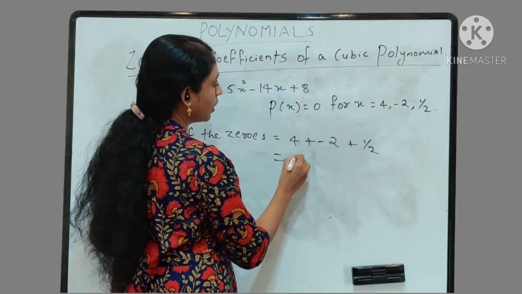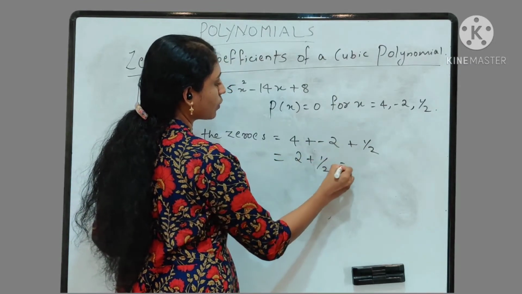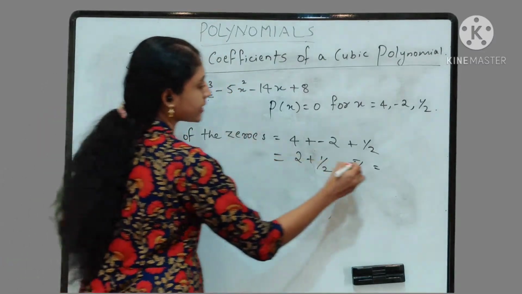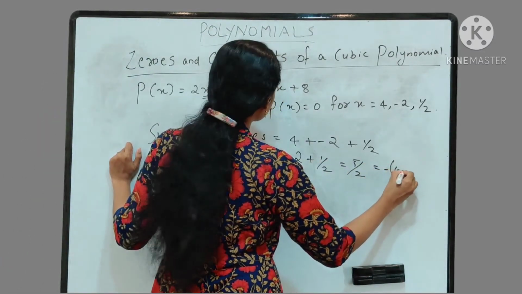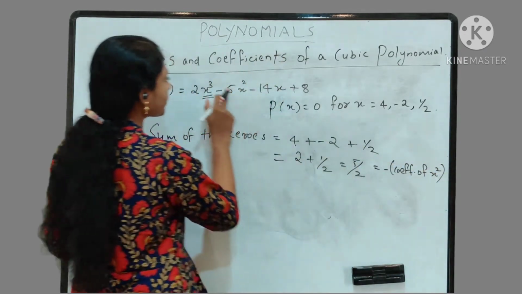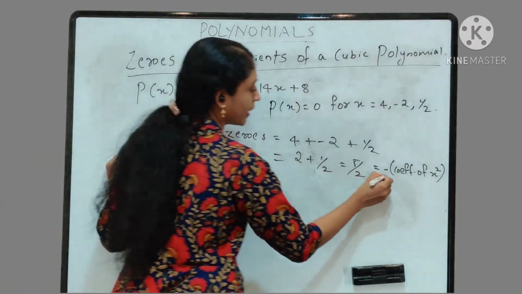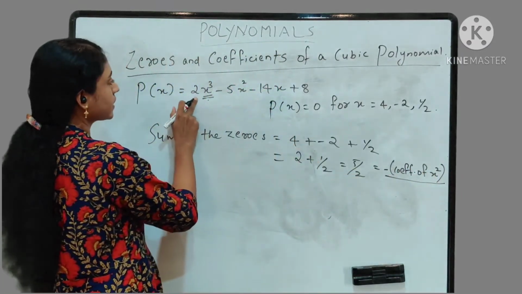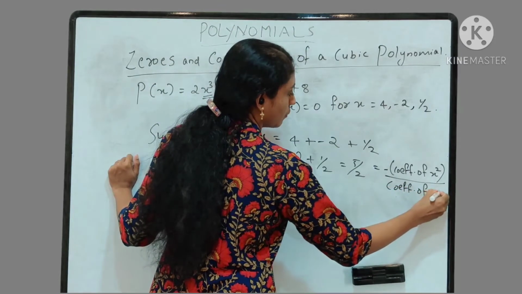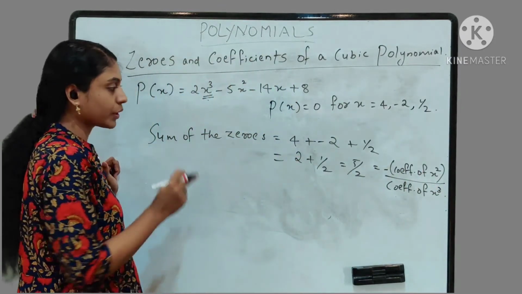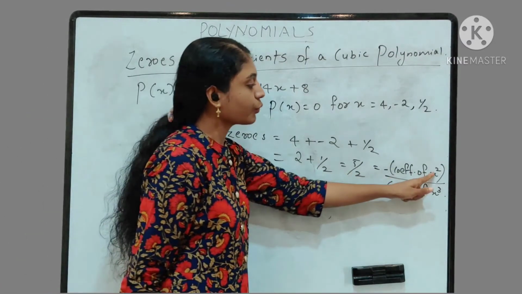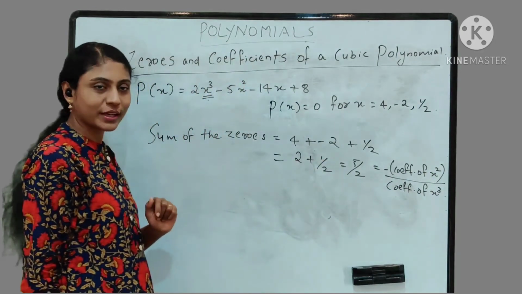What is the value? 2 plus 1 by 2, which is equal to 5 by 2. And this 5 by 2 is nothing but negative of coefficient of x square, negative of coefficient of x square, it is minus 5, divided by 2, it is coefficient of x cube. So we got one formula to find the sum of the zeros. That is negative of coefficient of x square by coefficient of x cube.